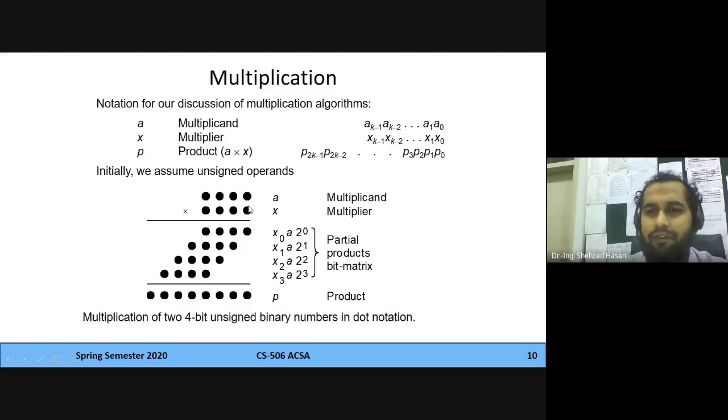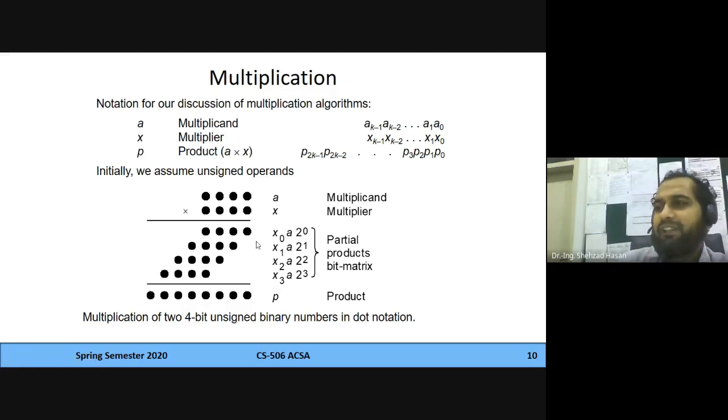If you're working in the binary system, things get easier because you either have a 0 or a 1. So you either get the whole multiplicand, or you get 0. It's either going to be an A, a shifted A, or 0. This is how we can translate it into an algorithm.